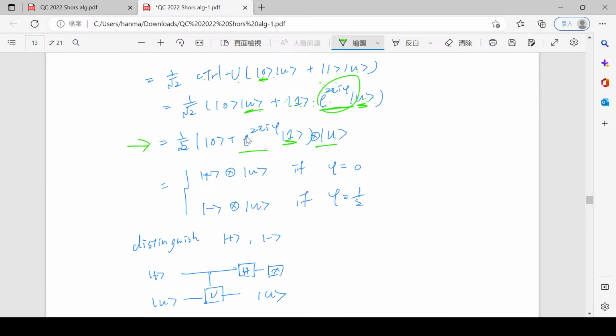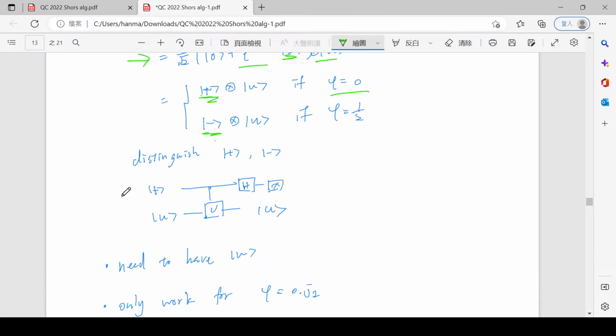So if there is no phase, then you find out that you are still having a plus state, phi equals 0. And if phi equals 1/2, you get -1, so this is a minus state. Right? And we know plus state and minus state are orthogonal, and we can distinguish them. And this is exactly how you distinguish them.